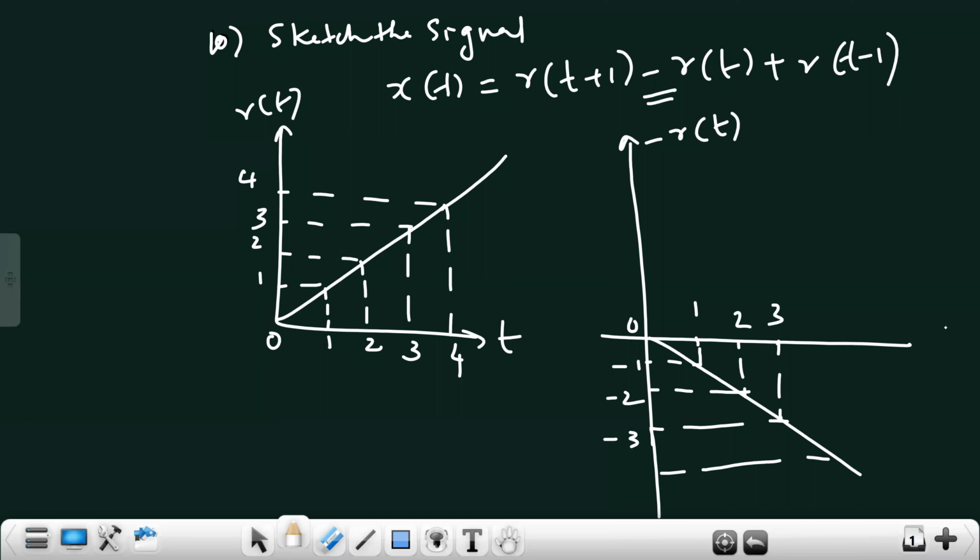Now after plotting minus r of t, I'll come to r of t plus 1, the first term. To plot r of t plus 1, what you need to do? You need to shift the signal left.